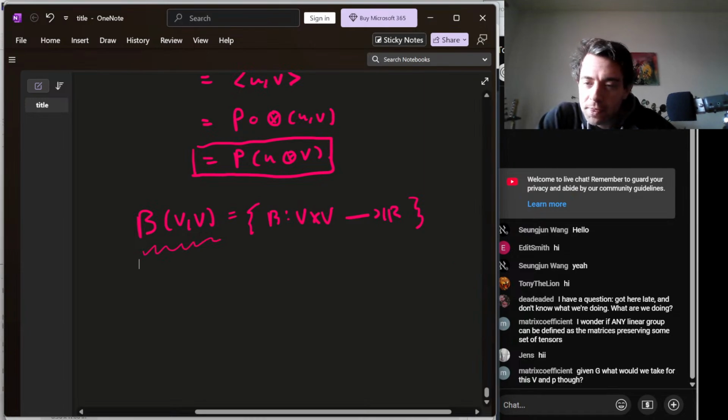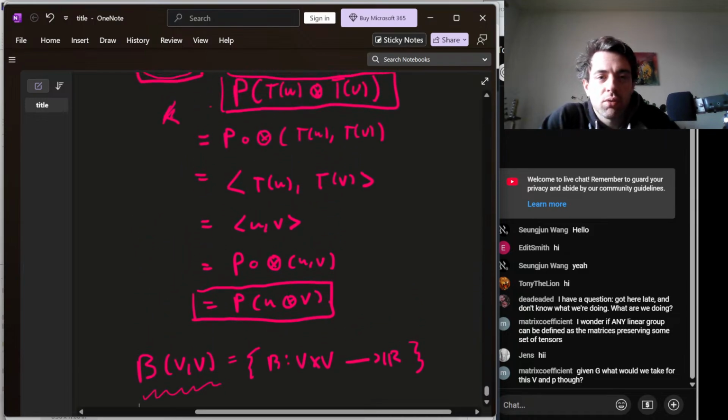I'm not sure. Given G, what would we take for this V and P though?